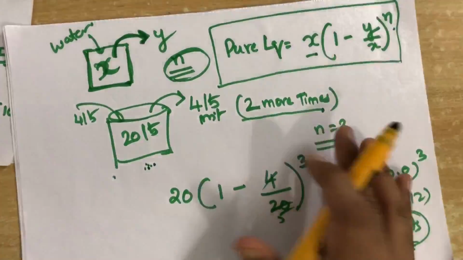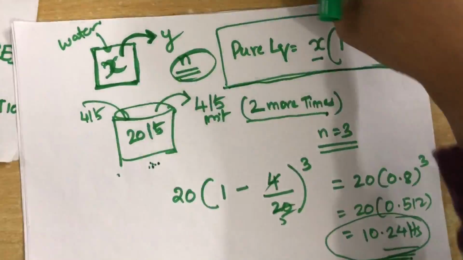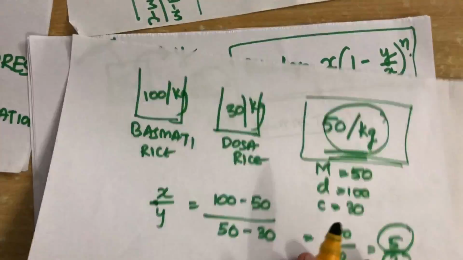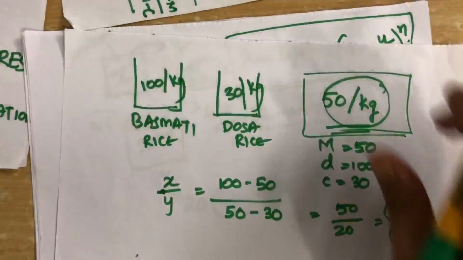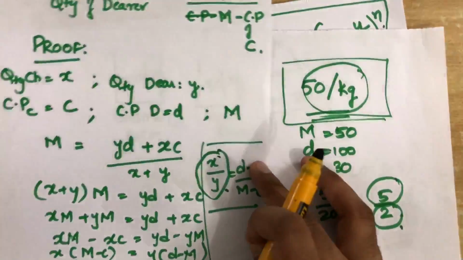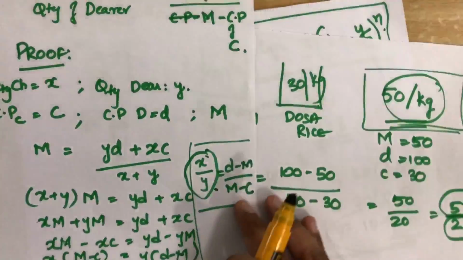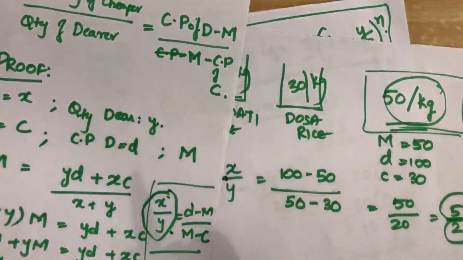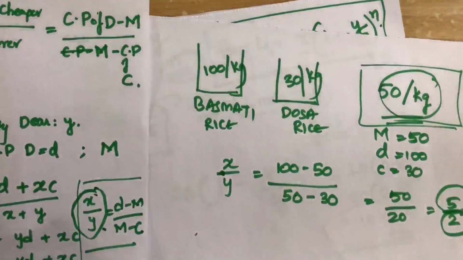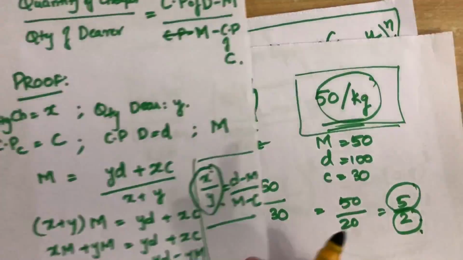So these are the kind of questions that you get based on this second formula. And coming back to the first one, you get questions like, I have to mix this and this in this ratio so that my mean price is this. So remember these two formulas, guys.